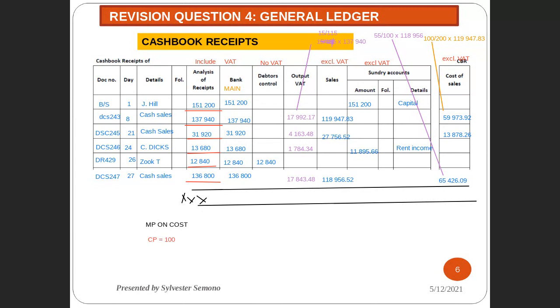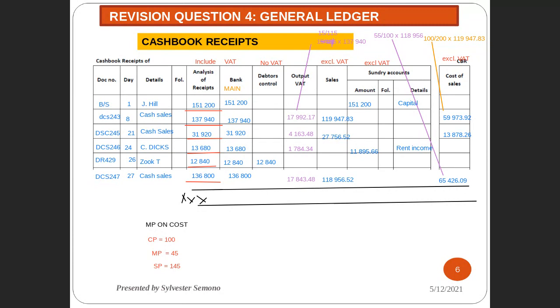That's what I told you before. And the markup, let's say the markup is 45. Okay, you put it there. So the selling price will be 145. You see now? That is when the markup is on cost.